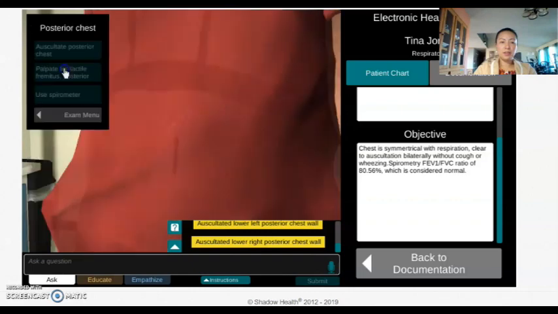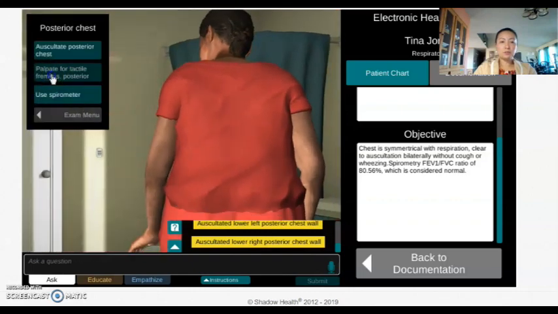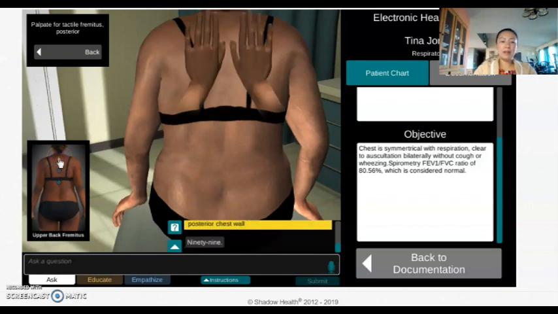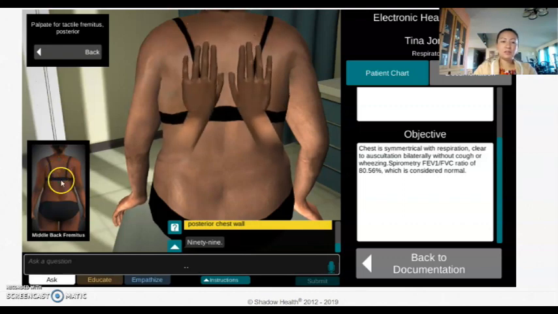There you go. And also I'm going to palpate for any tactile fremitus, starting on the upper back. I'm going to ask the patient to say 99 as well, to the middle, and to the lower back.